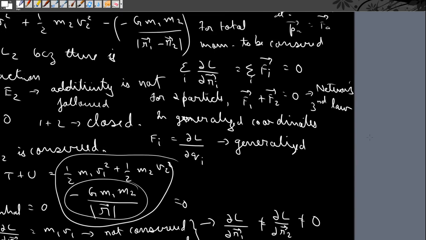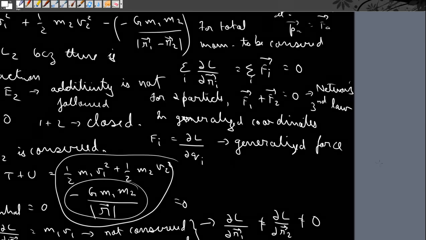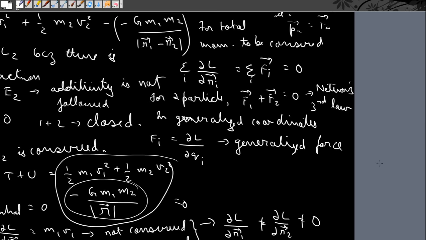However, this need not have the dimension of force in our conventional sense, or units of Newton. It can be anything depending on the choice of q_i's. It can be torque if we choose our q_i as angles. It will be force if we choose our q_i as some Cartesian position vector and so on.